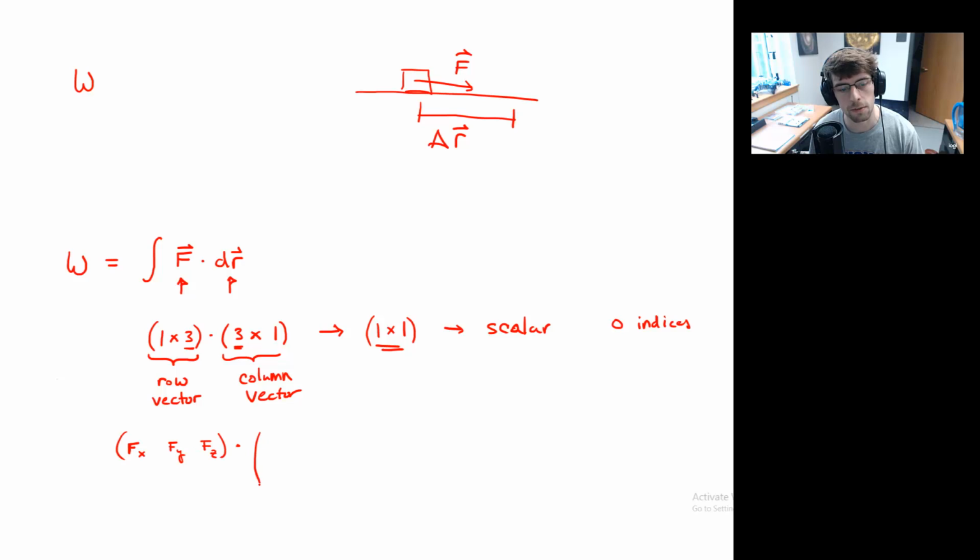You would multiply this by the X component of the displacement, the Y component of the displacement, the Z component of the displacement. And you would end up with the X component times the X component plus the Y component times the Y component plus the Z component times the Z component. Pretty sneaky, right? You've actually been doing a small version of this matrix multiplication when you apply the dot product.